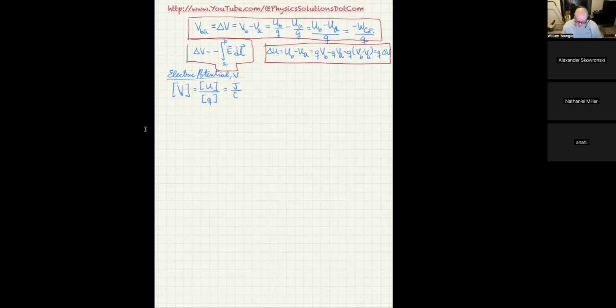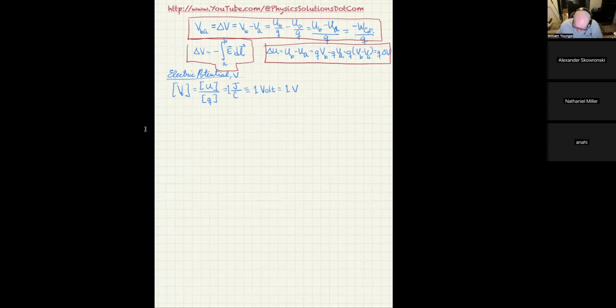And we've gone a little step further and defined this unit. 1 joule per coulomb is defined to be 1 volt. And of course, the abbreviation for a volt is just a capital V, so we can also write this as 1 V. So that's helpful. We now know that a joule per coulomb is a volt, and that's exactly the volt that you guys already heard about in lab when we did Ohm's law. So we already have some familiarity with voltage, but this is where that came from.